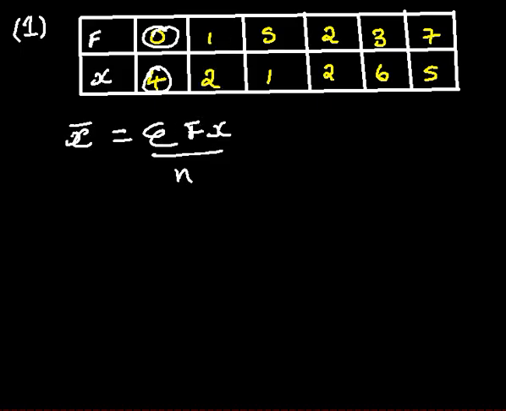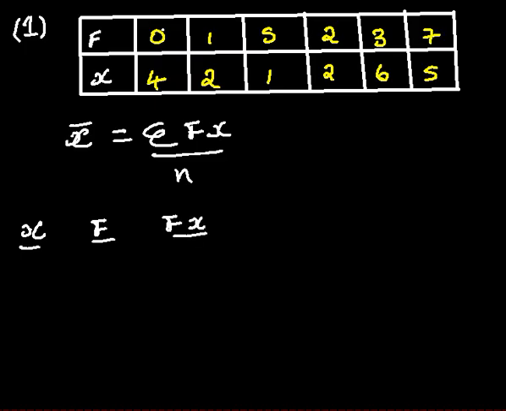So we can just present the table to make things look great. In this case, we can have x, and let's say the frequency like that. Then you can have fx like that.